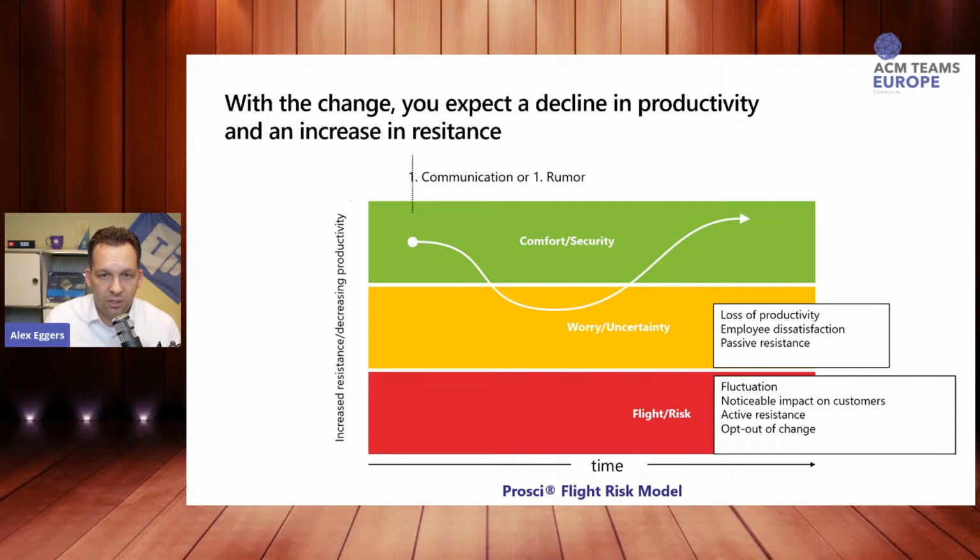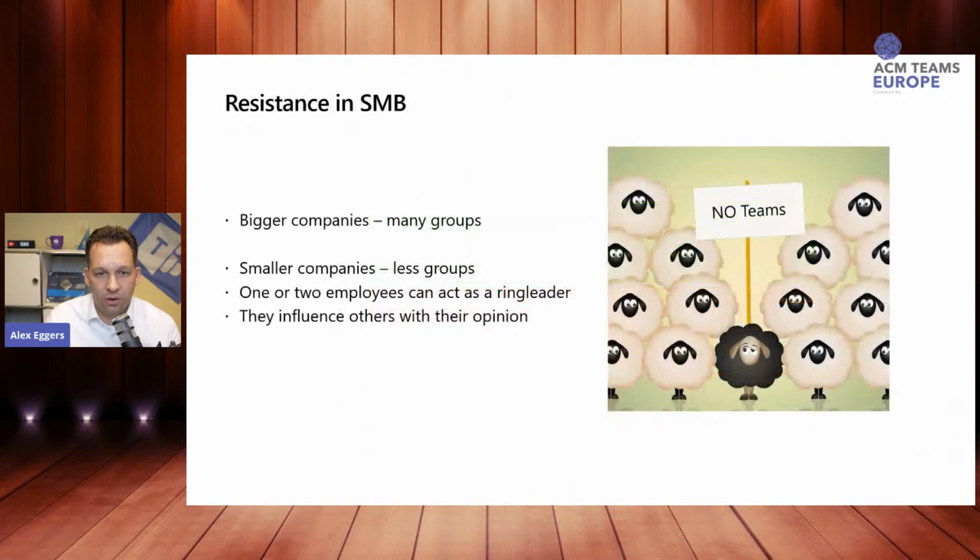But what happens now in SMB is a difference, because in bigger companies, you have many, many groups. And in smaller companies, you have fewer groups. So just think about, maybe you have a company with 50 or 60 or 80 people, and they all come together for lunch, maybe in the canteen.